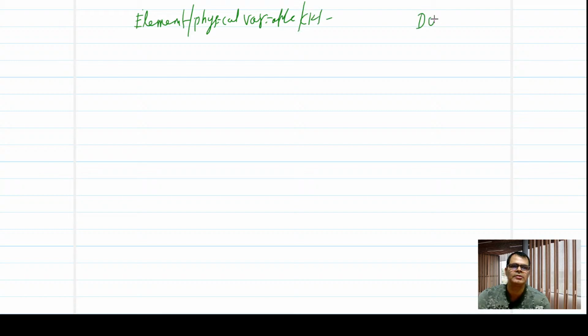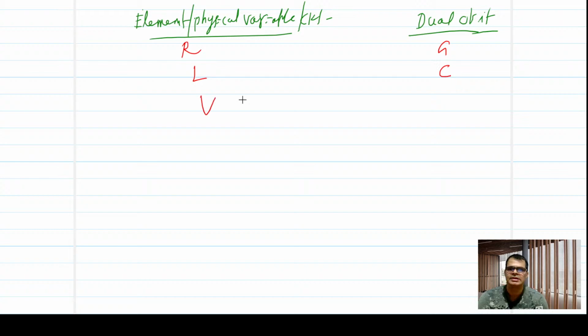For example, the dual of resistor is conductance, that is G. Then inductor and capacitor are duals of each other. The dual of voltage is current, so voltage source and current source. Node's dual will be mesh or loop.